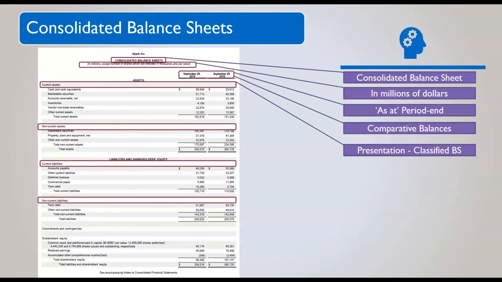In Apple's case, we can see that its current assets of $162.8 billion exceeds its current liabilities of $100.7 billion. This translates to a positive current ratio of 1.45 or 1.54. The current ratio is calculated by taking the current assets divided by the current liabilities.